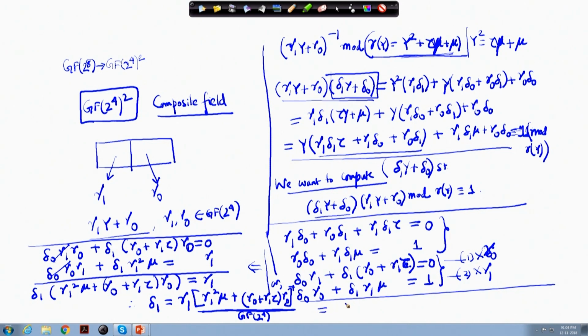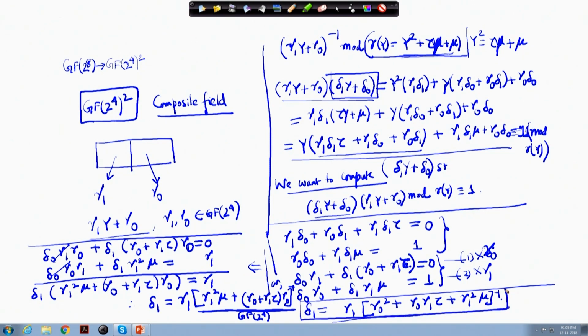This is nothing but gamma 1 into gamma 0 square plus, if I multiply this, you get gamma 0 gamma 1 tau plus gamma 1 square mu, and we do an inverse. So this is essentially the equation that you get for gamma 1.